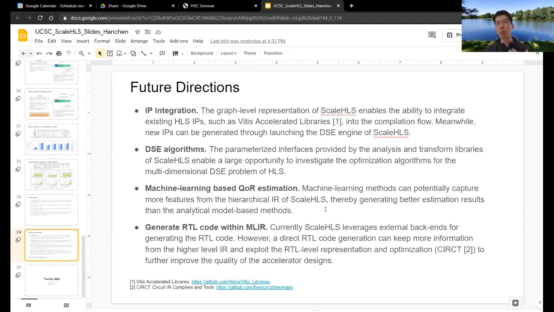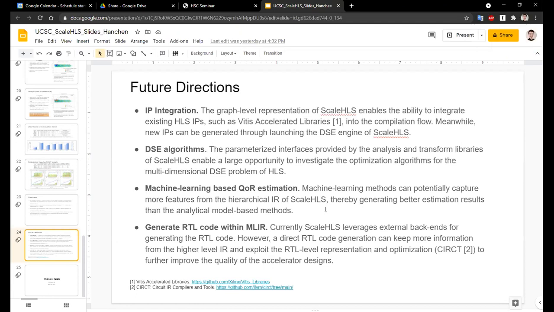And if we have a more efficient compilation flow in MLIR to generate RTL code, maybe one day we can just directly generate the RTL code and evaluate it for getting the latency and resource utilization, and not need the estimation. Obviously it requires a huge amount of development effort, but they are very exciting.